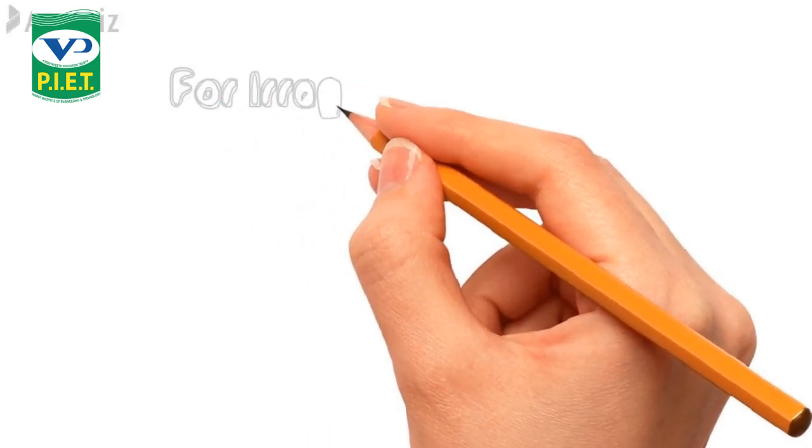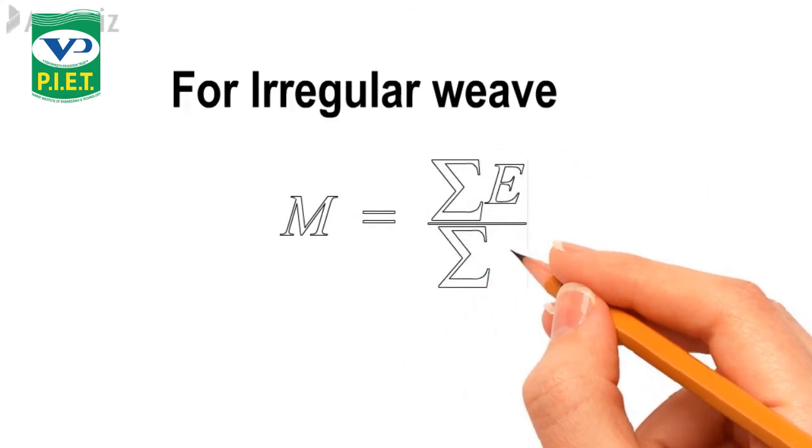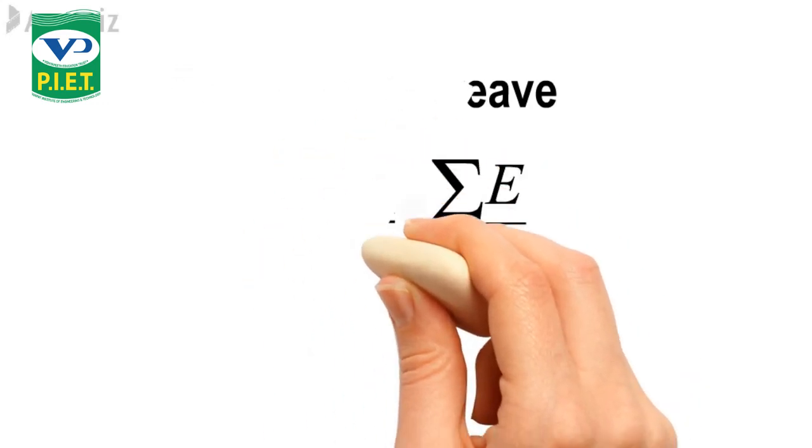In irregular weaves, the number of intersection of each thread in the weave repeat is not equal. So in that case, the weave factor is obtained by summation of E divided by summation of I. Let's try to calculate the weave factor for a 10-end irregular huckaback weave.